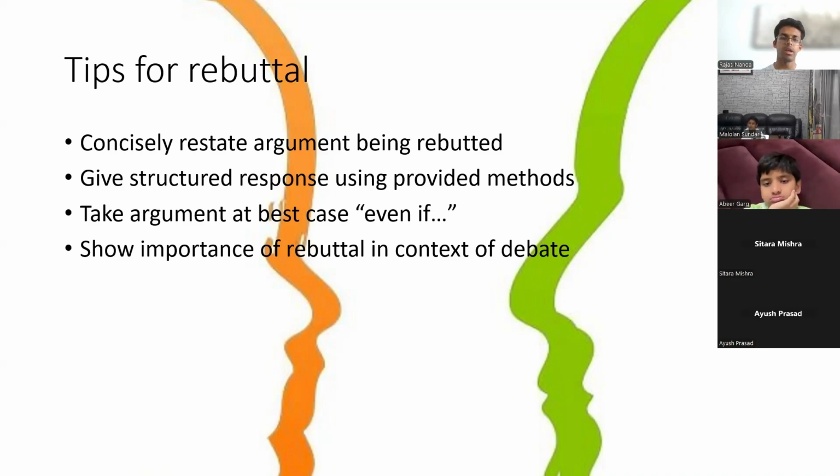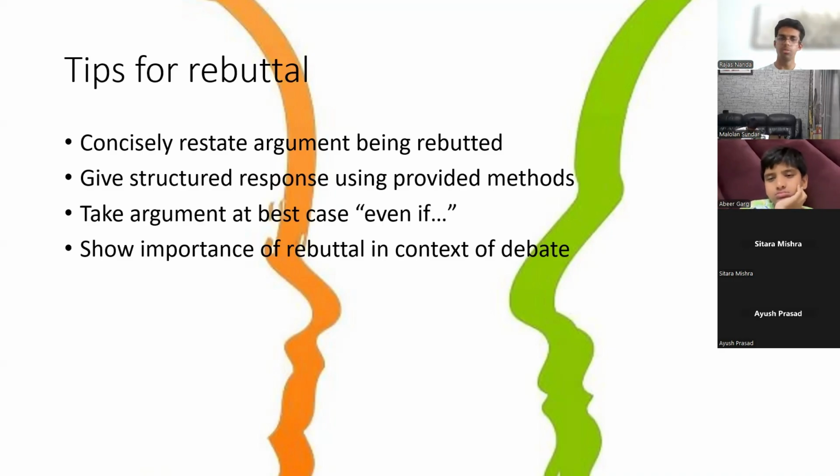Or you could say something like, honestly, opposition's argument doesn't make a lot of sense, and the most reasonable way to interpret it is in this specific way. But even if we take them at their best and interpret it in the way that they're trying to claim, we still win because of XYZ reasons. So basically, it's doing a realistic case versus the opposition's best case scenario, just so that you're attacking their argument in every way possible.